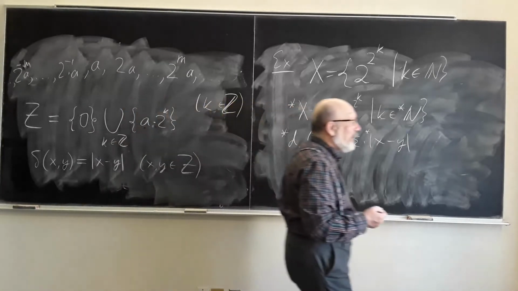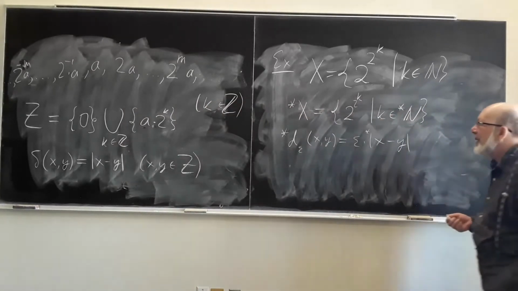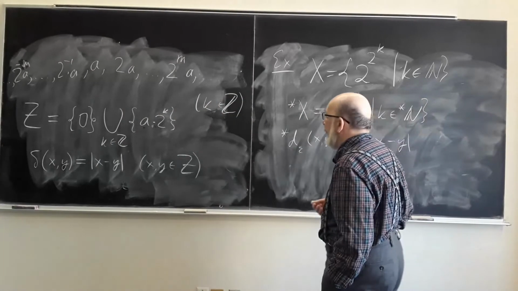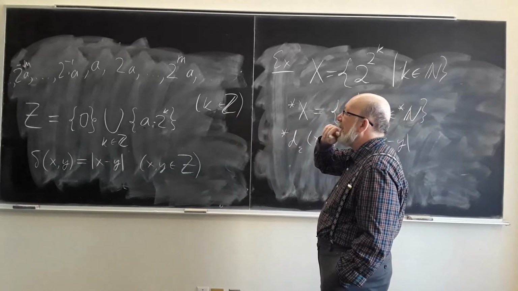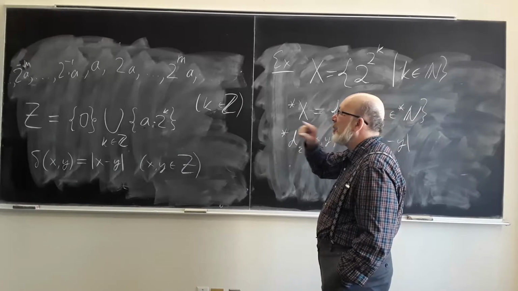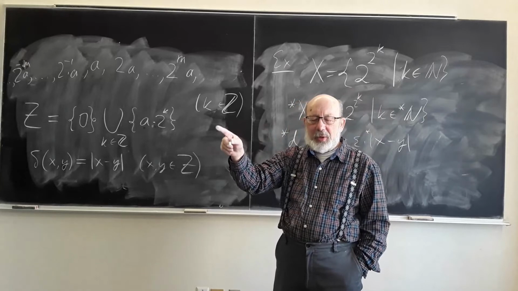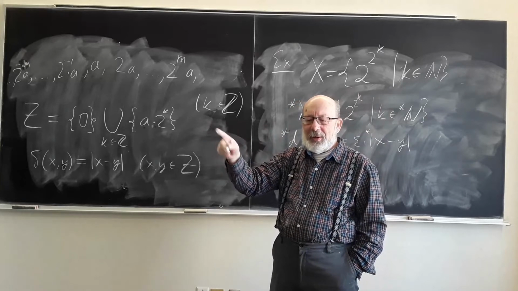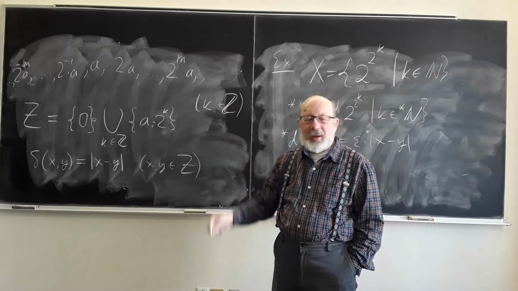Now the situation is, I would say, steeper, because here we had that at least we had some element of our set which is between 1/2 and 1, and in other respects this element was arbitrary.